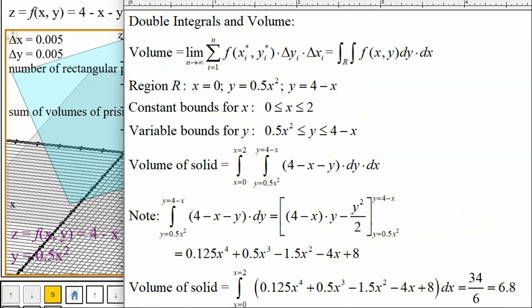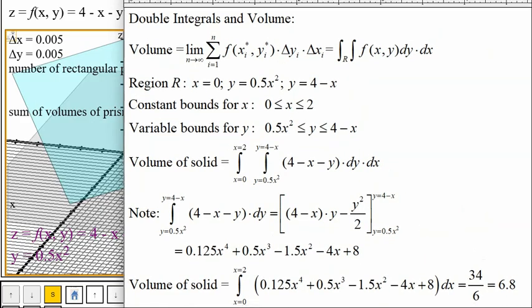And so the volume of the solid is going to be the integral from 0 to 2 of this expression right here. And then when we evaluate this integral, it will end up as 34 over 5, or 6.8.